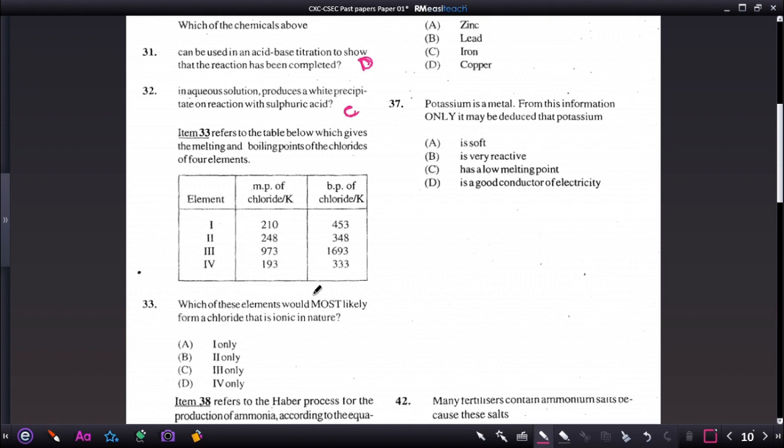We know that ionic compounds have a very high melting point and boiling point. So the one with the highest melting and boiling point would be indicative of the ionic compound. So that would be 3, which is C.